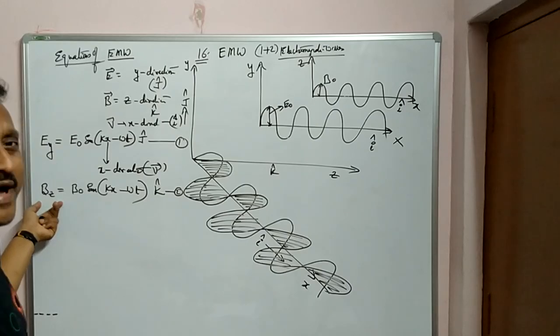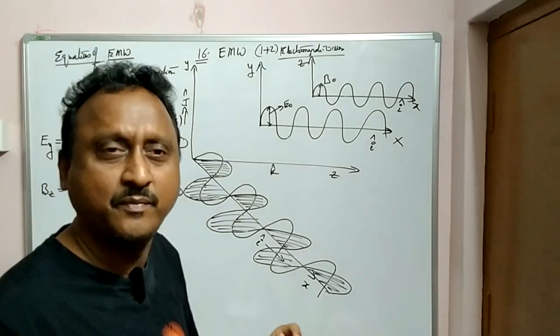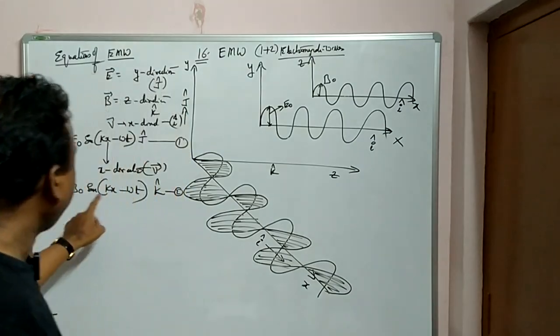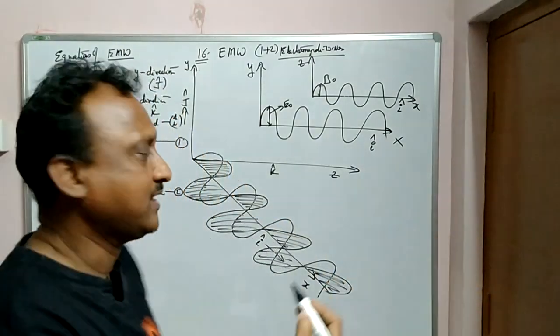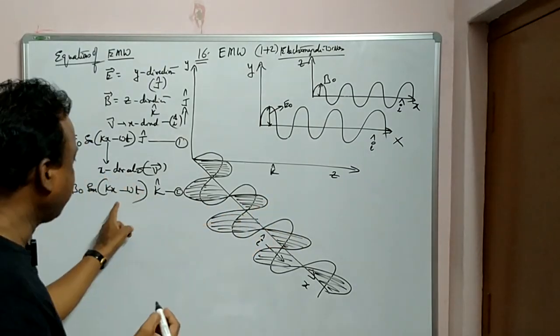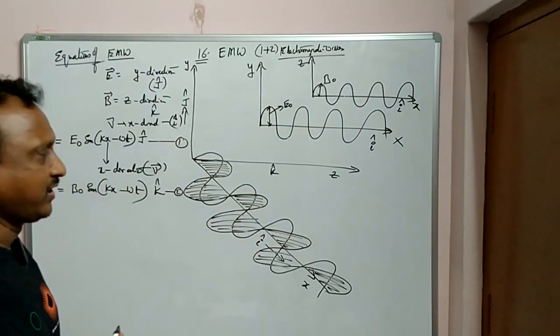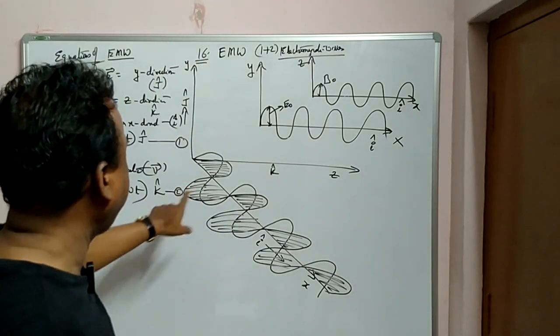This is the displacement of the magnetic vector in z direction, and B0 is the peak value, the amplitude of the magnetic vector. In kx minus omega t, because of plus or minus it is positive x direction, because x is there. If y is there, y direction; if z is there, z direction. These are the equations, with k cap because the displacement is in z direction.